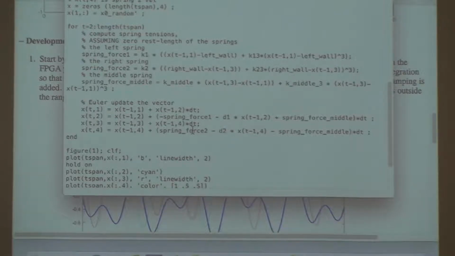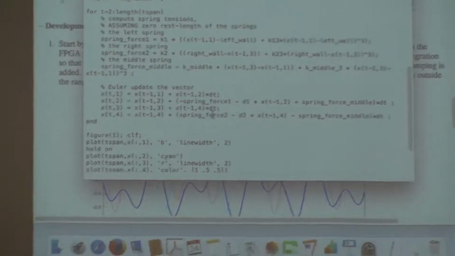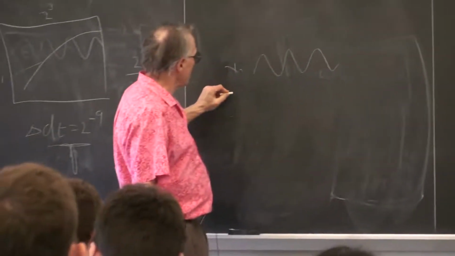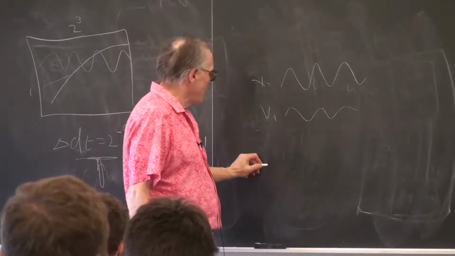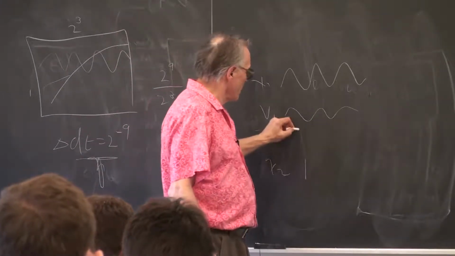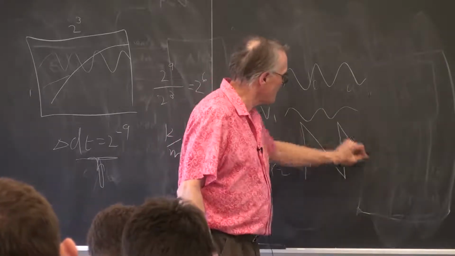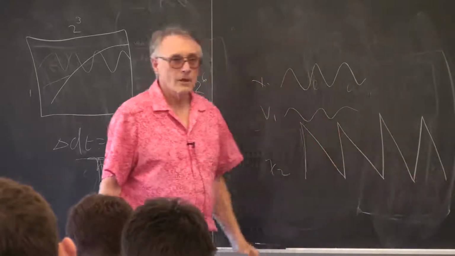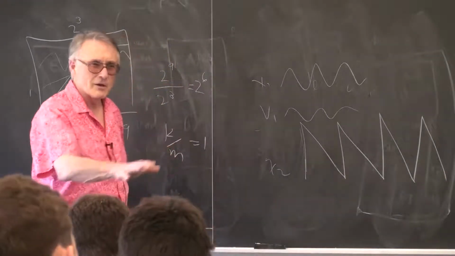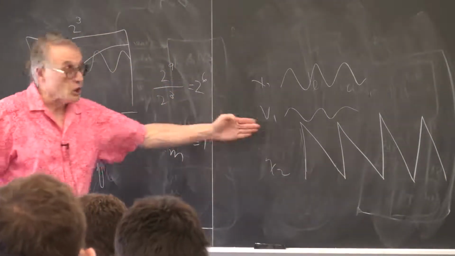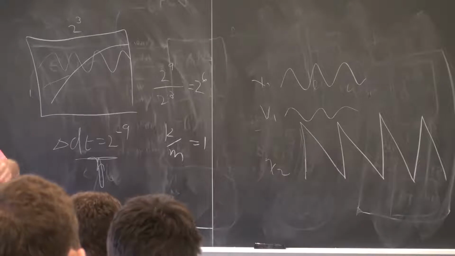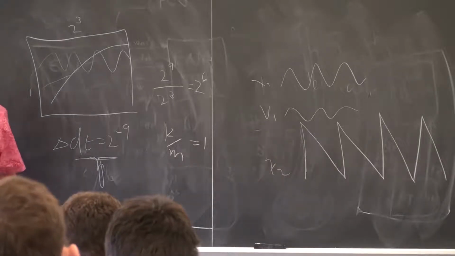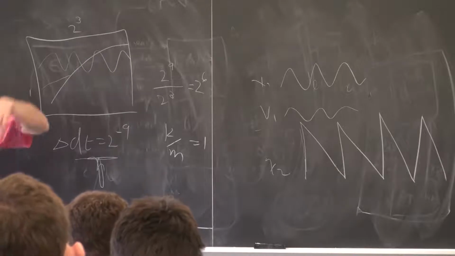And so what you will see is that spring 1 is going ring, ring, ring, so this is x1, v1 looks like about 180 degrees out of phase, more or less, and x2 is looking like this. That's a rough representation. That is a sure sign that you've got the sign of an integrator backwards, because it's doing nothing but overflowing as fast as it can.